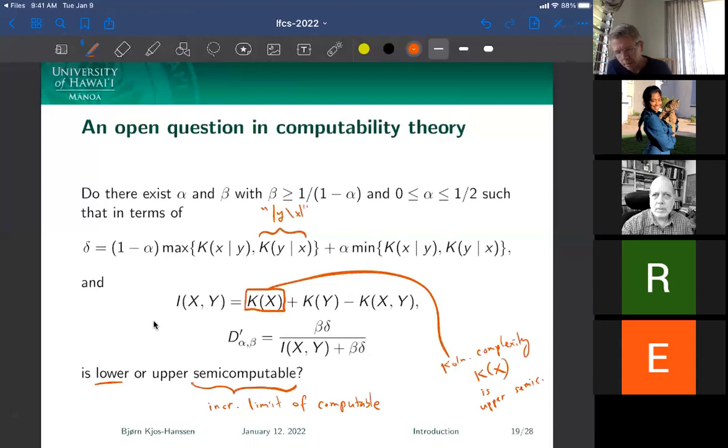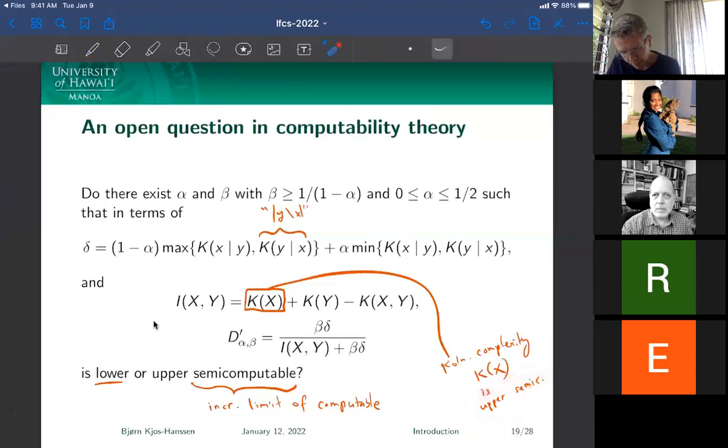Essentially, to find the shortest description of a word, you can just start running lots of programs and you'll find some descriptions. And then you can keep track of the shortest description, or the shortest program, you found so far.